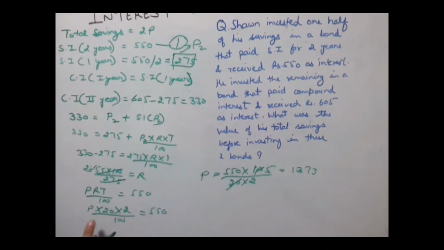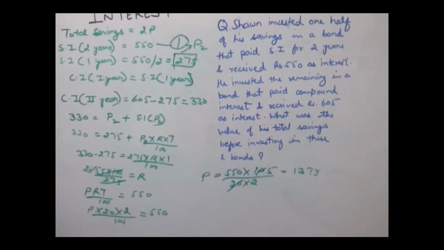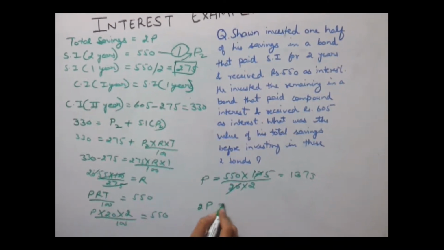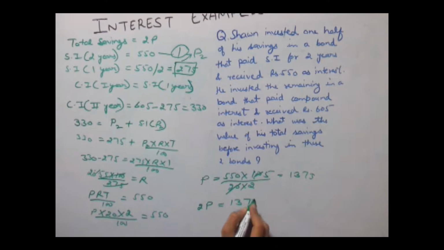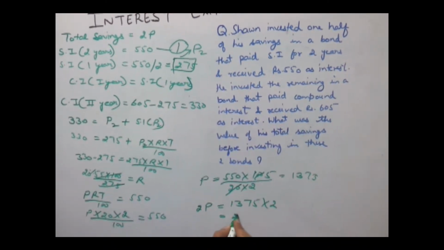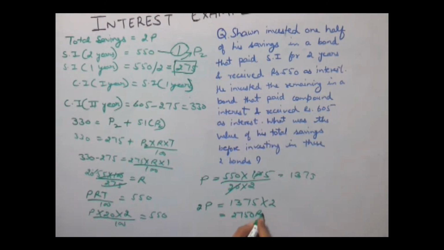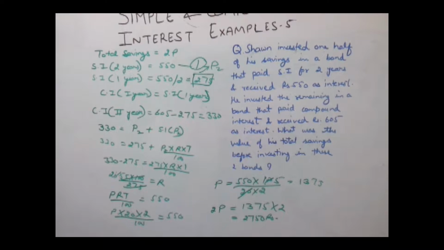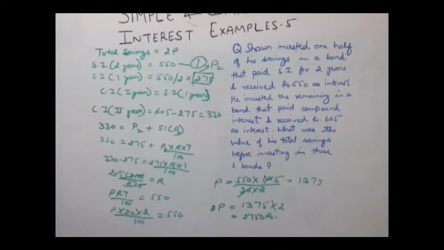Now this principal is half amount that he has invested and total amount would be 2p. This will be equal to 1375 into 2, which will give you 2750 rupees as answer. So total amount or total savings which he has invested is 2750.